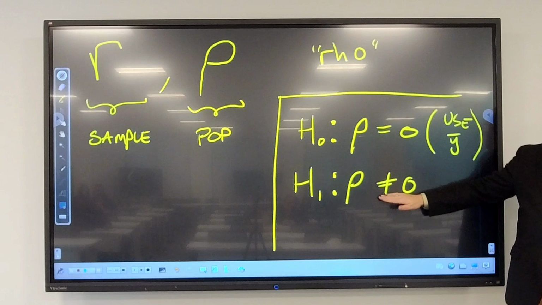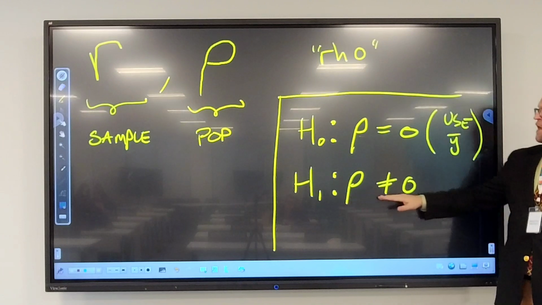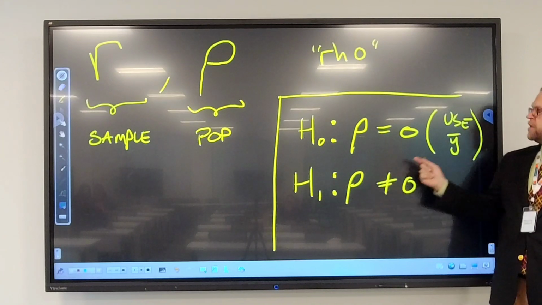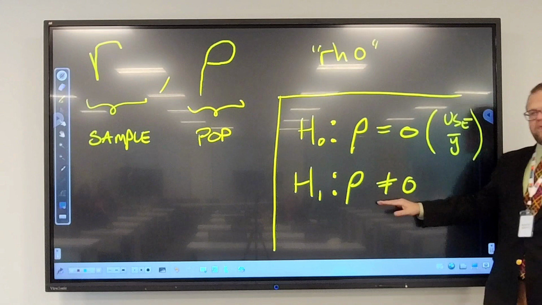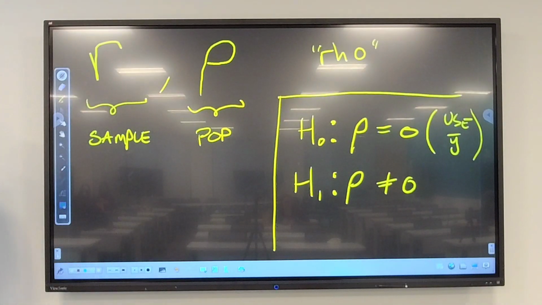And if there is some kind of trend, then the best fit line will do a better job than y bar at making your prediction. So if we end up rejecting, we would need to use the best fit line. And that's the hypothesis test.